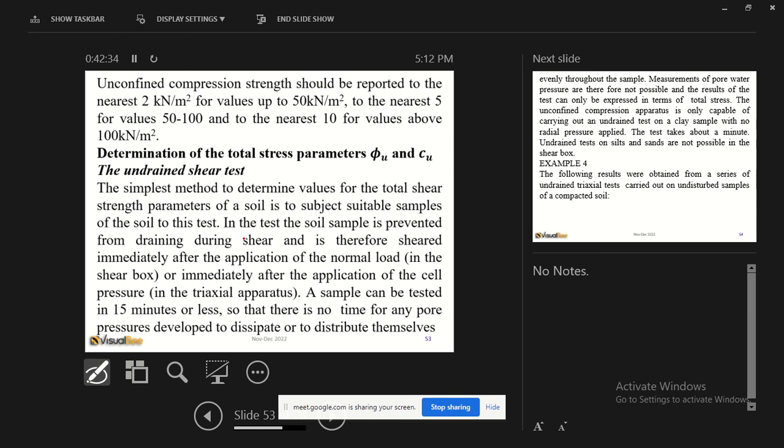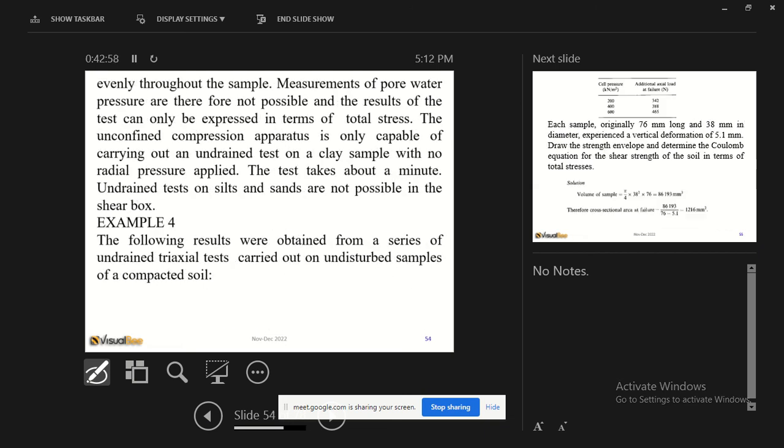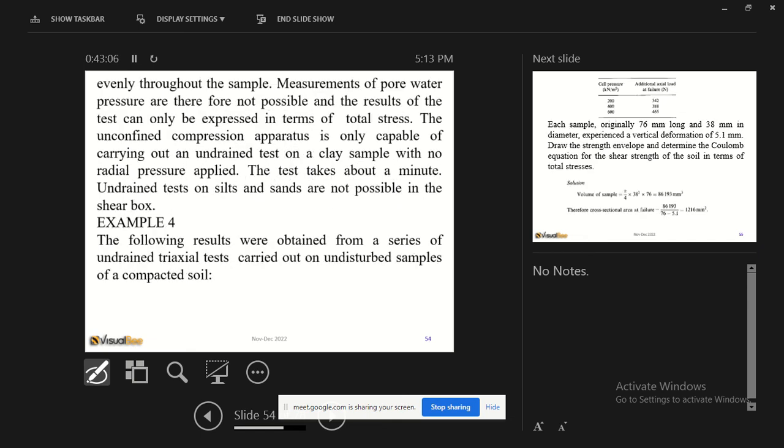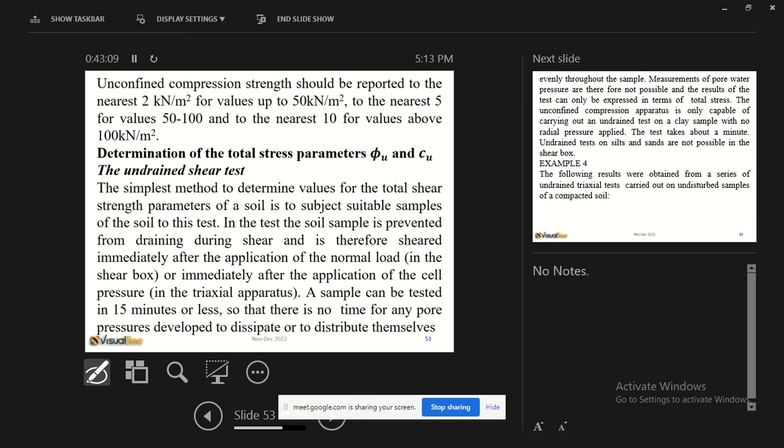These are the parameters obtained in the direct shear box, because we cannot measure the excess pore water pressure. Also in the triaxial test, in instances where we cannot measure the pore water pressure, or when we close the valve. So three situations. Now this test is relatively simple and fast, because especially in the triaxial test, we don't need to care about the drainage.